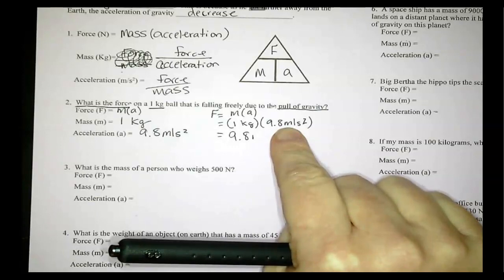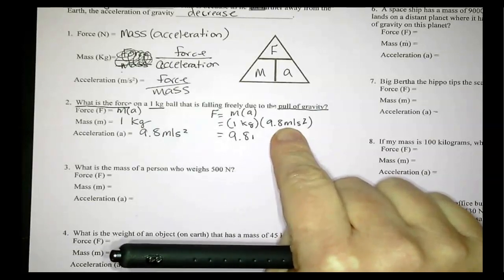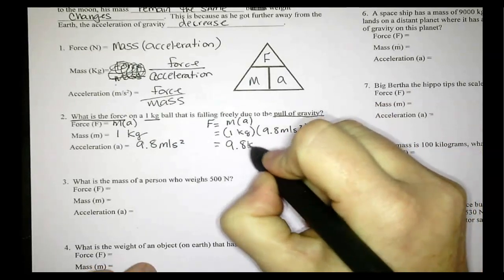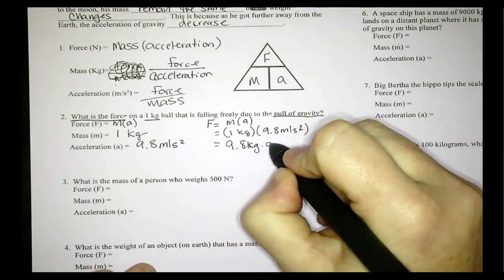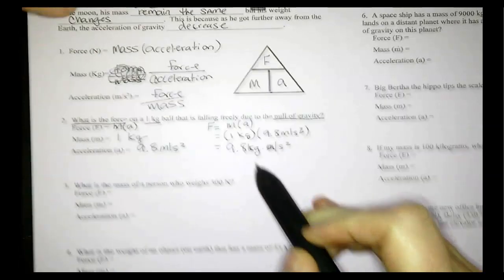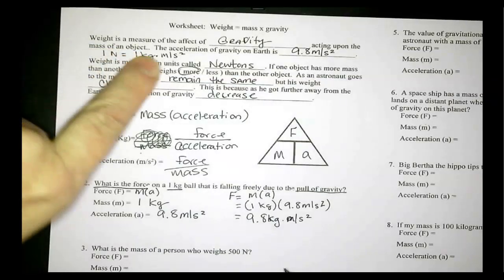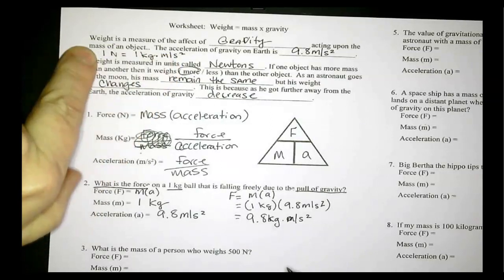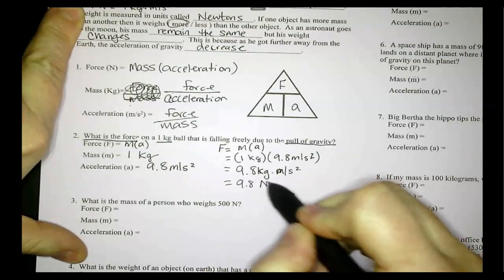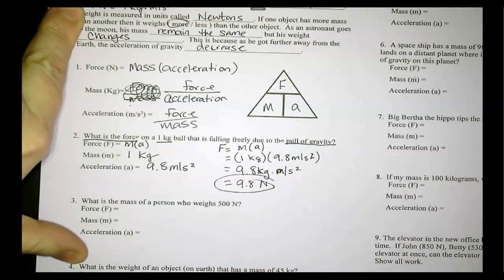And you would know that because you left off the variables. Units are just like a variable. So you've got to put in that kilogram times meters per second squared. And then remember up here at the top, I told you 1 kilogram times a meter per second squared is the same thing as 1 newton. So what you have here is 9.8 newtons, and that is your correct answer.